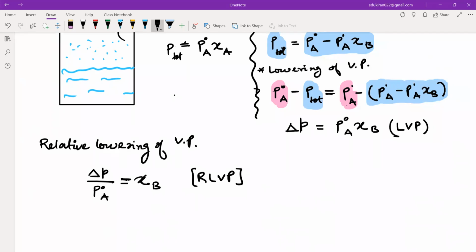Please write this down: delta P upon P naught A is equal to chi B. Remember this conclusion, the result.